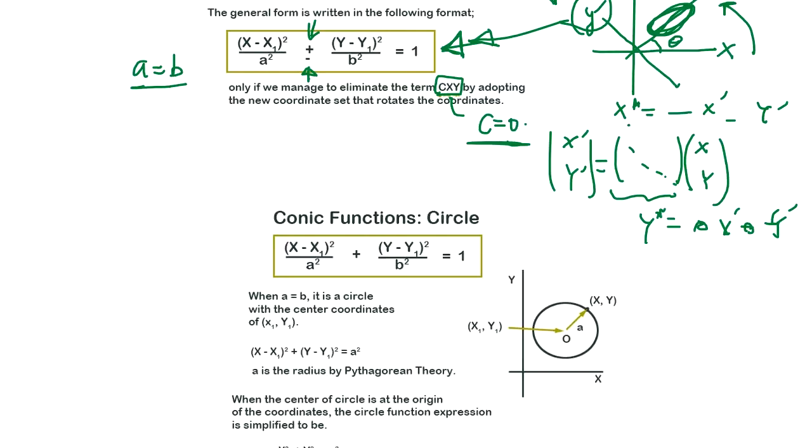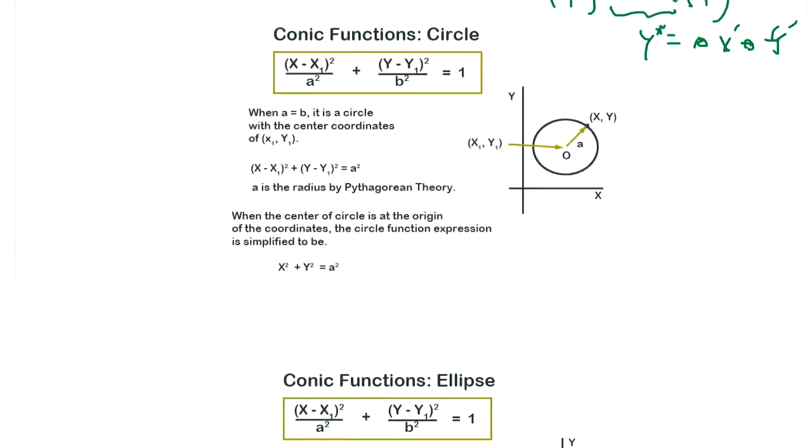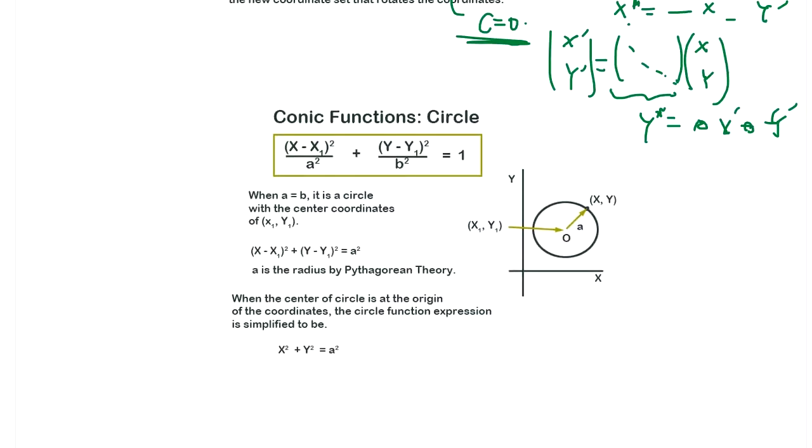You plug this into the general form, then clean up, and c becomes 0. That's the proof. We can go through it, but it gets very long. It's not much learning value, but you can do it by yourself and prove that c becomes 0 by proper coordinate transformation. That's going to be a very challenging task, but you need to do it only once, so you understand what this means.